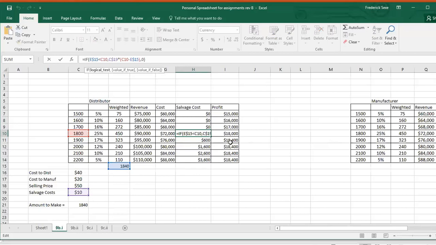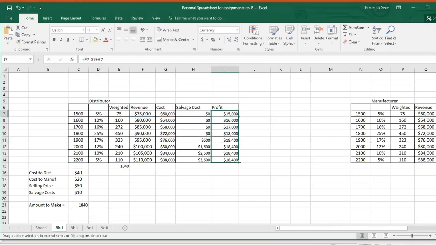Now, salvage cost is what they get back from the product. I believe, let me make sure I didn't screw that up. Actually, I may have. So I'm going to change this. Salvage cost is what they get back from, let me change this real quick. Sorry, guys and gals. I'm just going to come down this way. There we go.